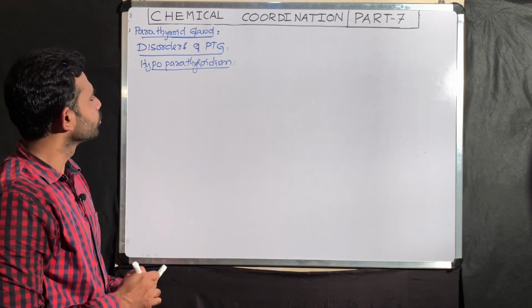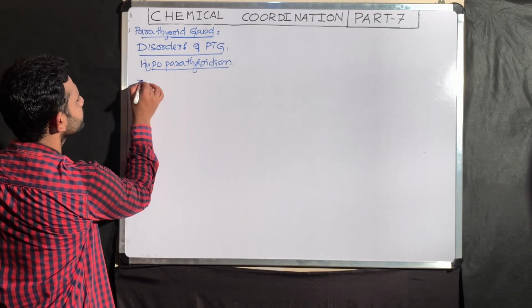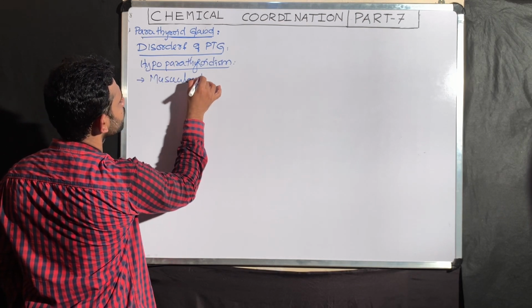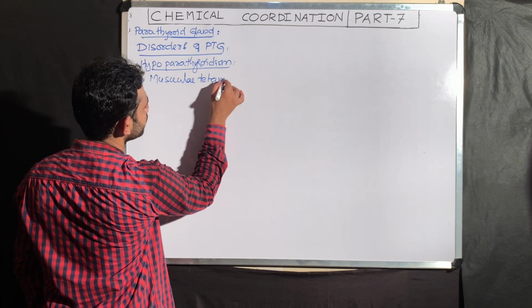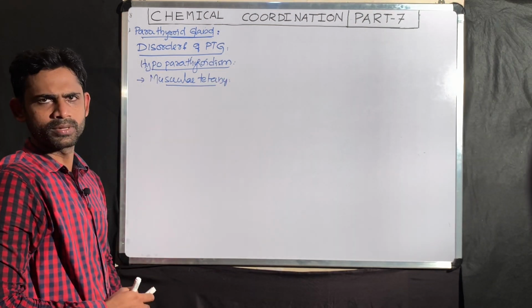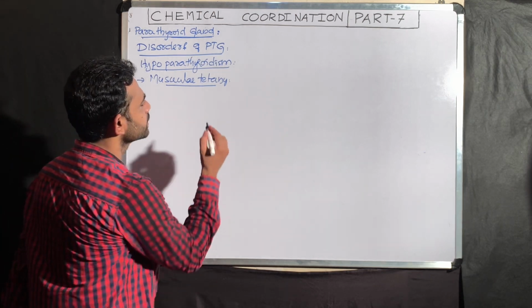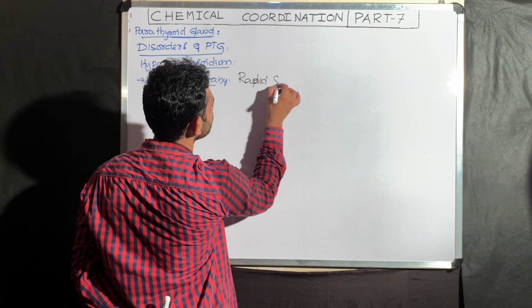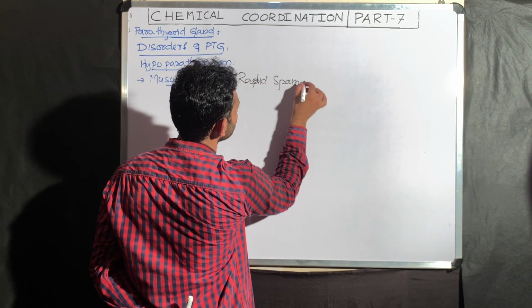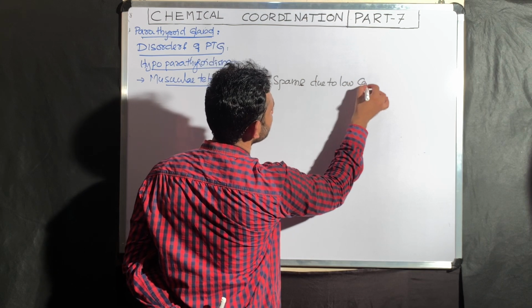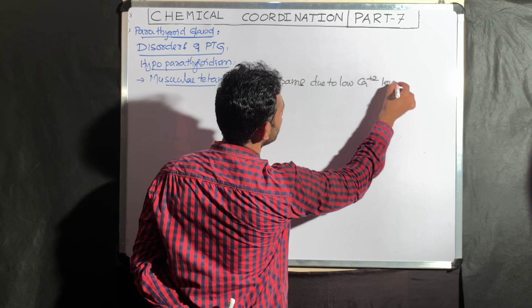This results in muscular tetany, which involves rapid spasms due to low calcium level in blood.